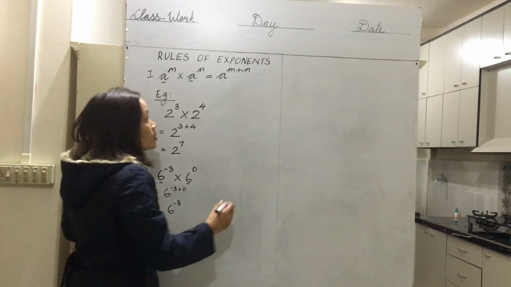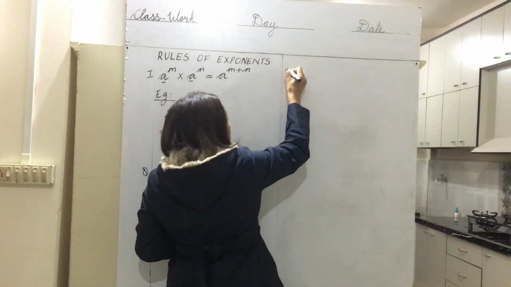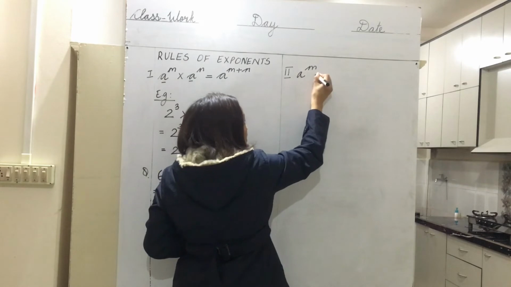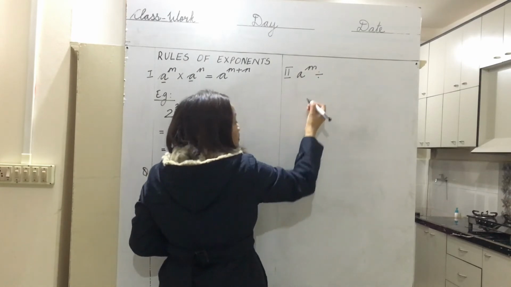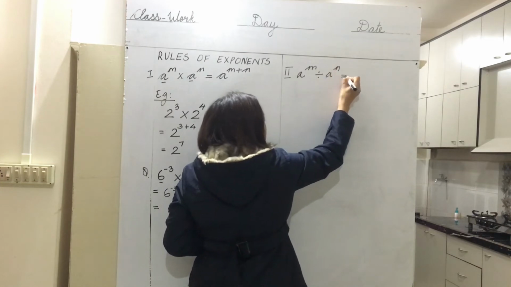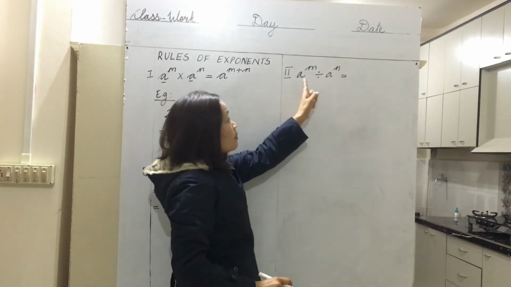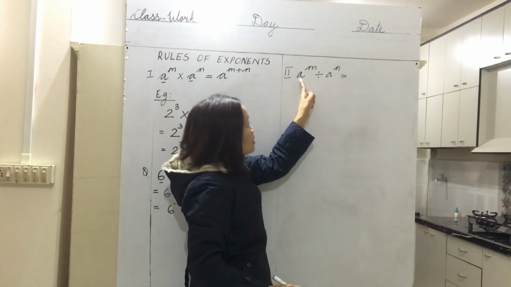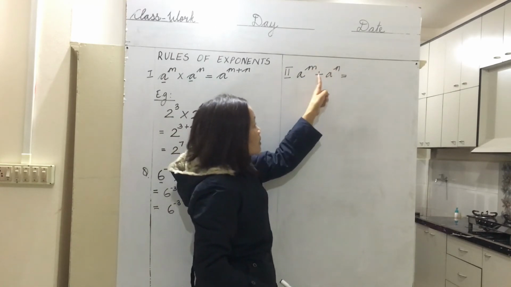Then rule number 2 is like this. A to the power m, any number with power, this time divided by a to the power n. This means when we have same bases with different powers, division, right? Same bases with different powers, division.